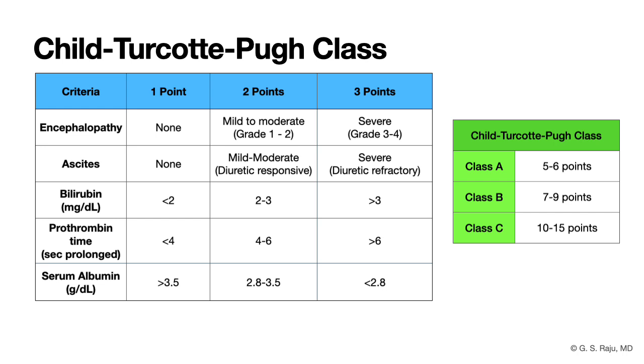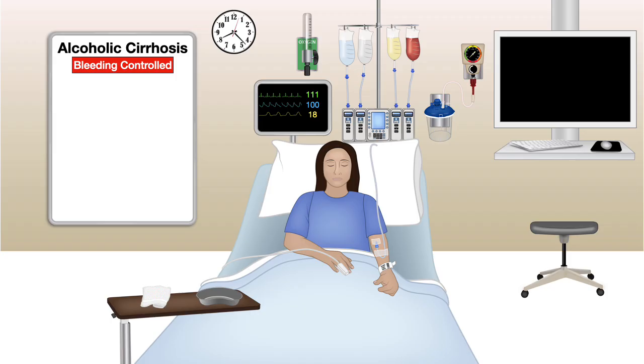So we have figured out the Child's class at the beginning when the patient hit the ICU, and here is a patient where band ligation controlled the variceal bleeding, and this is a relatively early stage of Child's A or early B of 7 score.